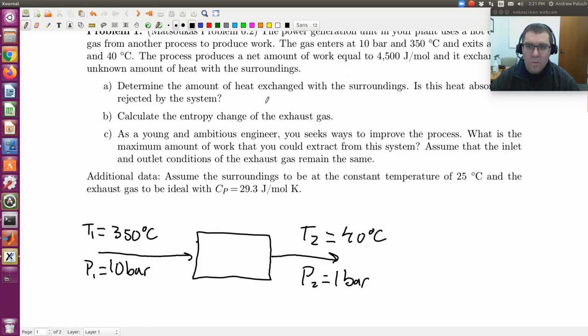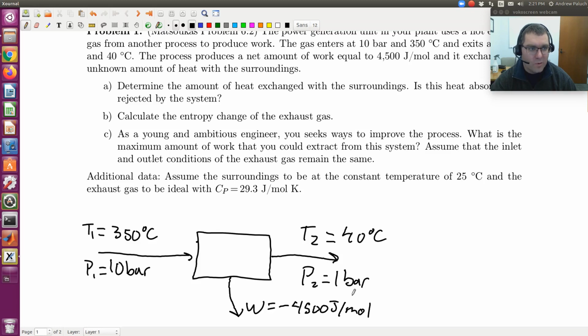Okay. So we know that the process is going to produce a net amount of work equal to 4,500 joules per mole. So the process produces work. This is going to be my system performing work on my surroundings. So this will correspond to a work of negative 4,500 joules per mole.